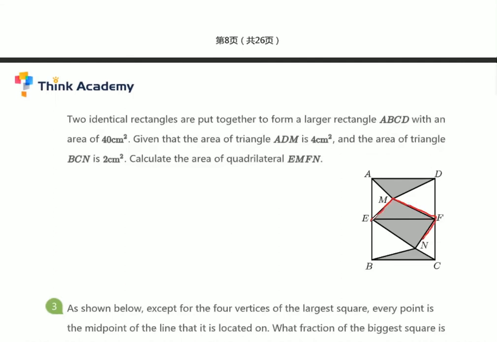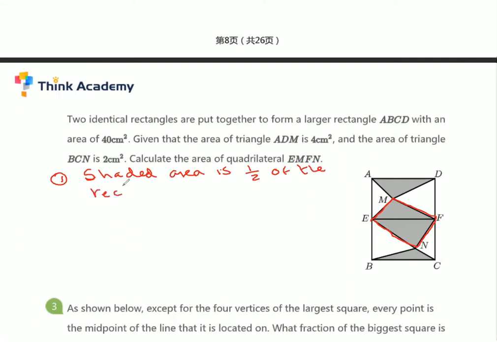Now, if we look at both of those rectangles individually, we see that each rectangle is divided into 4 triangles, and we see that in each of the rectangles we have spotted a half model, which means that the shaded area is a half of the total area of each of the rectangles.